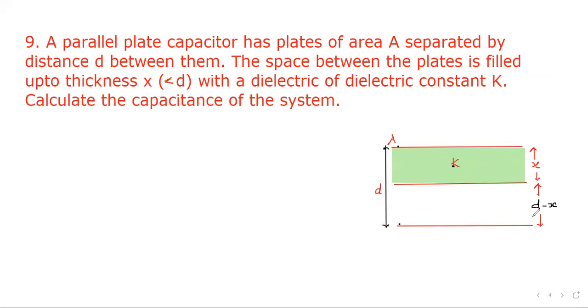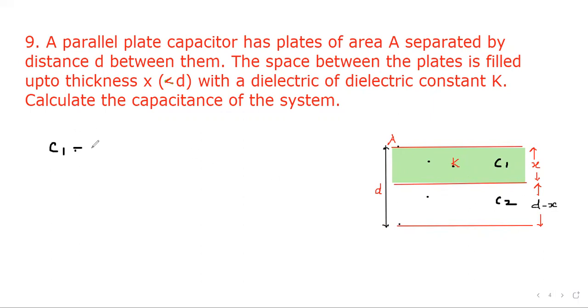This distance is x, and the remaining distance d minus x is filled with air. Now we have to find out the combined capacitance of the system. So let's find out the capacitance of each portion, and then we will assume that they are connected in series. Let's take this as C1, this as C2.